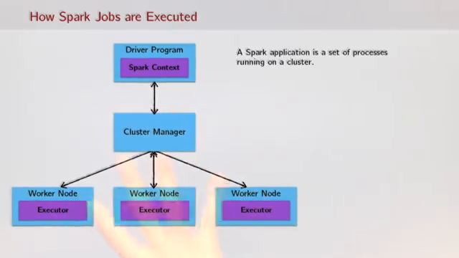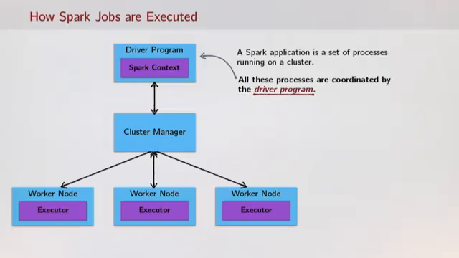Okay, so this is more or less the anatomy of a Spark job. So you have this driver program, you have your Spark context in it. All of it is kind of passing through this cluster manager thing that takes care of stuff like memory and whatnot. And all of the work is being done in these things called executors on the worker nodes. So when you take a step back, it's best to think of a Spark application as a set of processes that are running on a cluster where the driver program, the driver node here, the master node, is coordinating all of these processes.